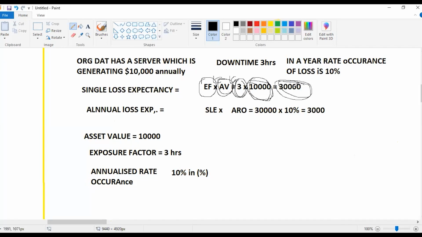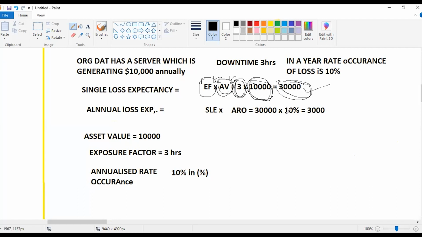$30,000 single time. Now we are talking about the single time. This is a single time you lost the $30,000. Now we are multiplying and finding the annual loss expectancy. So SLE into ARO: the single loss expectancy is $30,000 multiplied by 10%.